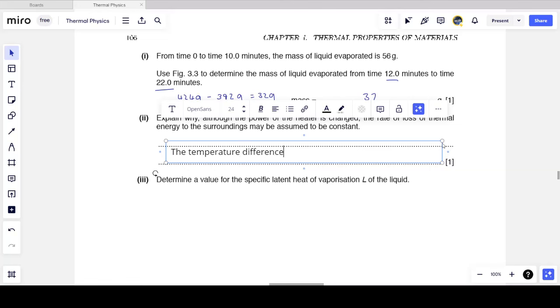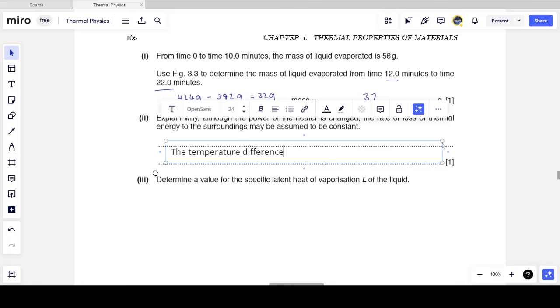And if you do the calculation, you get L to be 2.15 times 10 to the power 3 joules per gram. Or to two significant figures, 2.2 times 10 to the power 3 joules per gram.